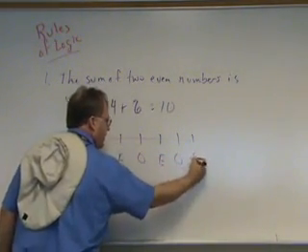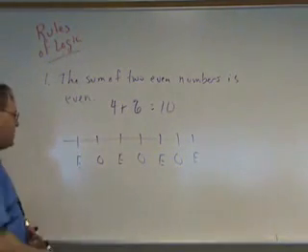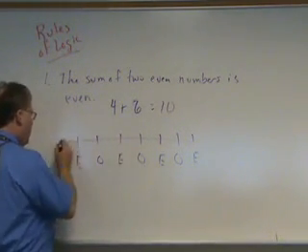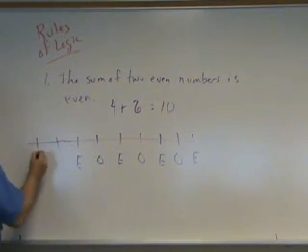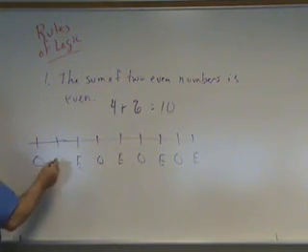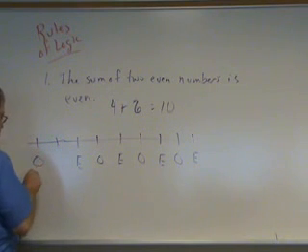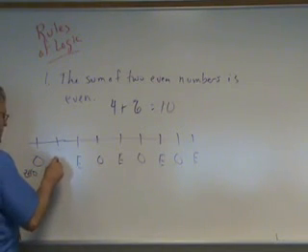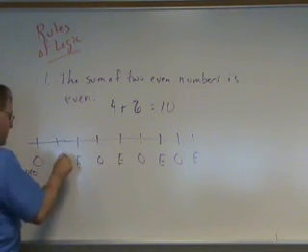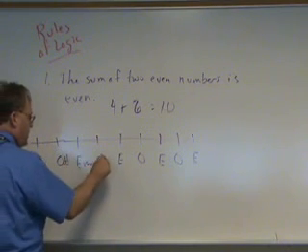If we start at 0, this is an odd number, this is an even, and this is an odd.